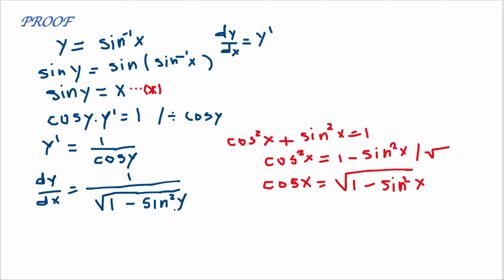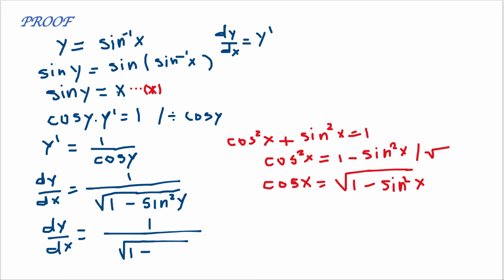And now, let me write everything here. dy dx is equal to 1 over the square root of 1 minus, but instead of the sine square y, I'm looking at the important equation that I mentioned a little bit earlier.